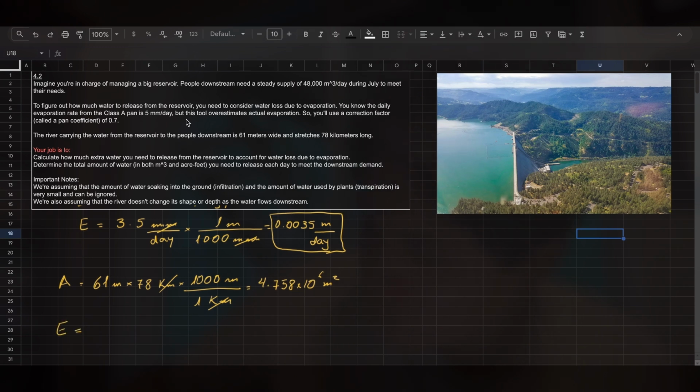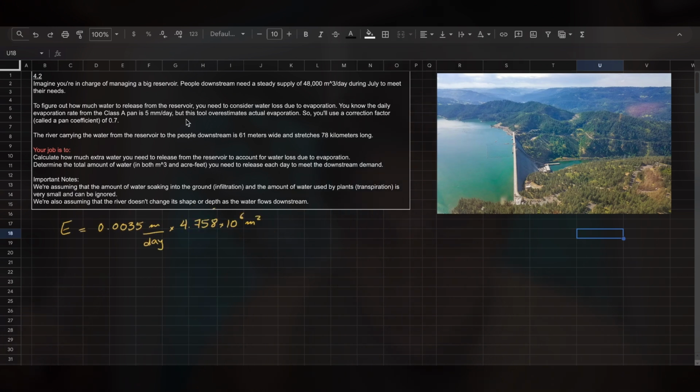So the evaporation as a volume is going to be those 0.0035 meters per day times the area, 4.758 times 10 to the 6 square meters, and that's going to be about 16,653 cubic meters per day. So that's the volume of water that's being evaporated every day.